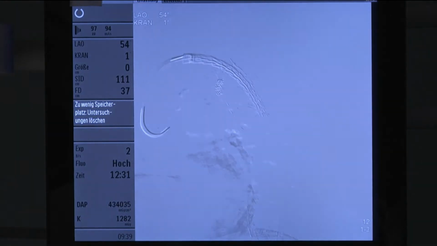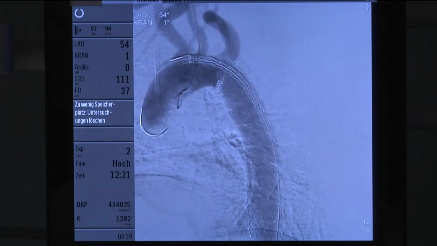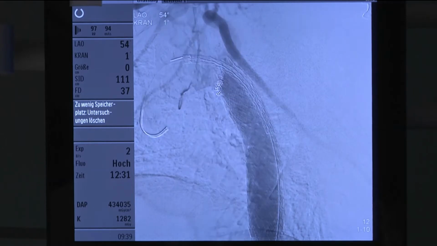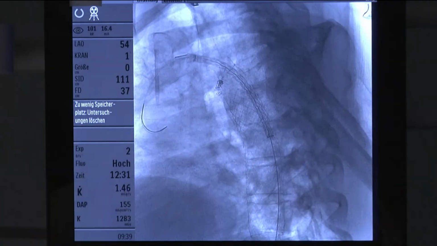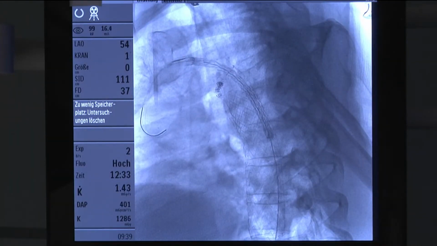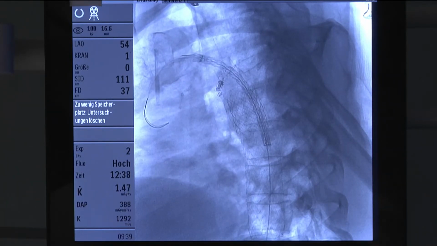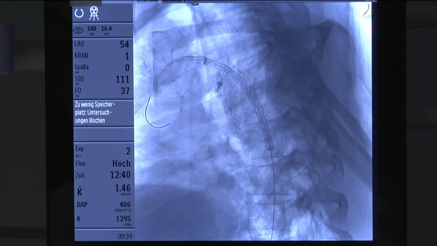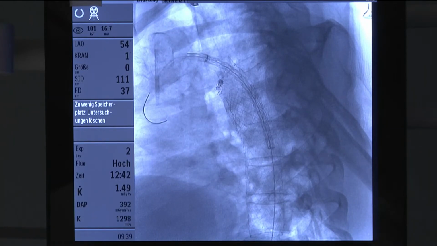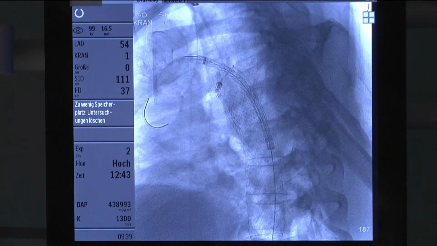We have pulled back our stent graft a bit, and we are now ready to deploy. I'm going to pull back my stent graft up to the orifice of the carotid artery, and at this point we're going to open up our graft.